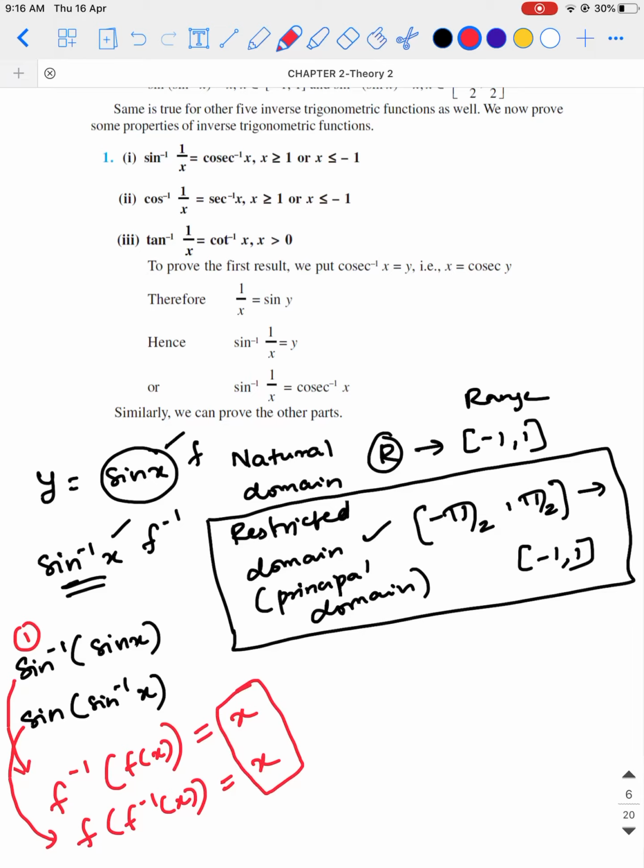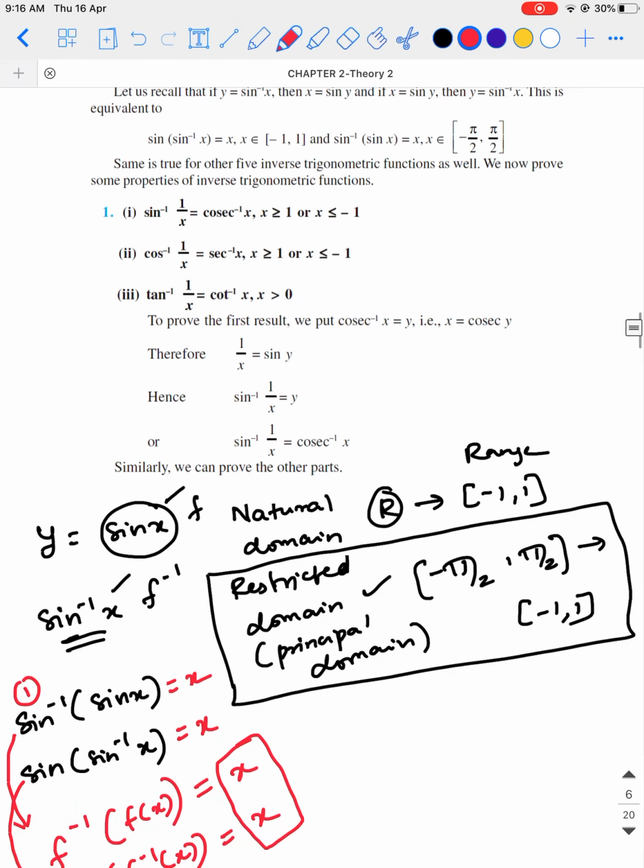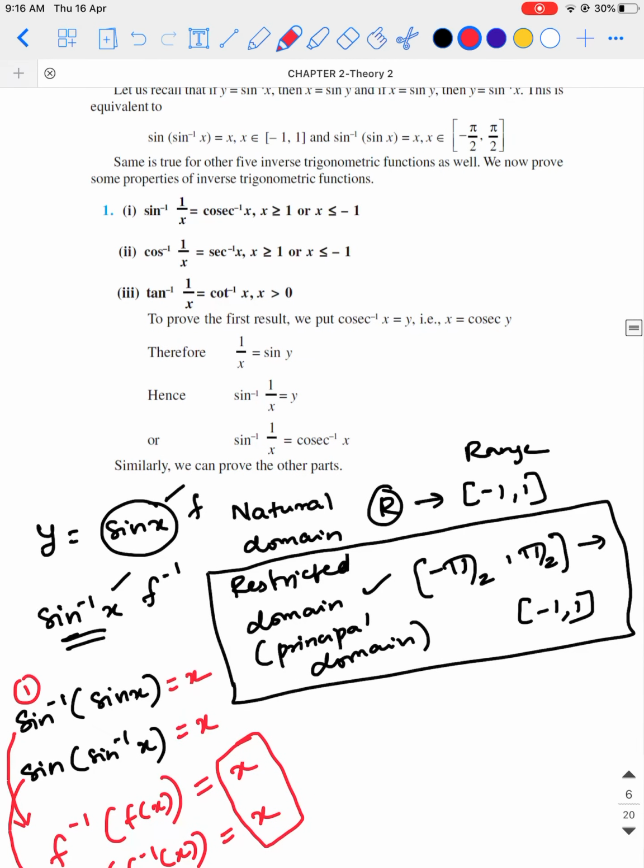Similarly, sin inverse of sin x is also x, and sine of sin inverse x is also x. But the most important condition to be observed here is what values of x are taken in the first case and what values of x are taken in the second case.